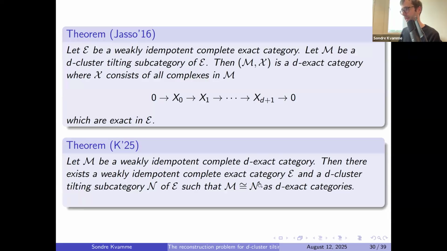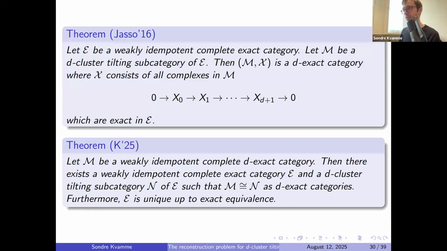Here N, being a D-cluster tilting subcategory of a weakly idempotent complete exact category, becomes a D-exact category via this theorem by Jasso. And that's the D-exact category I'm considering when I say they're equivalent as D-exact categories.